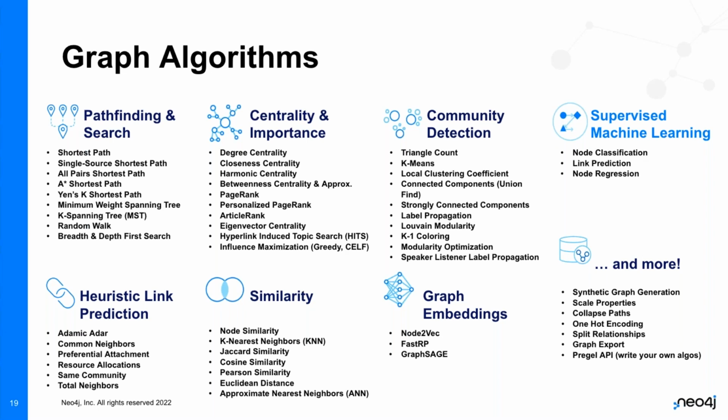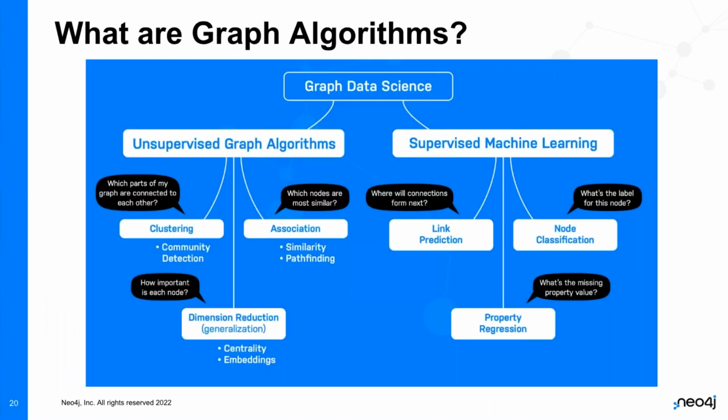And that's what these lists provide. Don't worry about the list of these algorithms. Once you start using them, they're pretty evident. As you can see, this list of algorithms is grouped into different categories. Centrality and importance algorithms are used to ask questions like, what's important in my graph? Which nodes are influential?